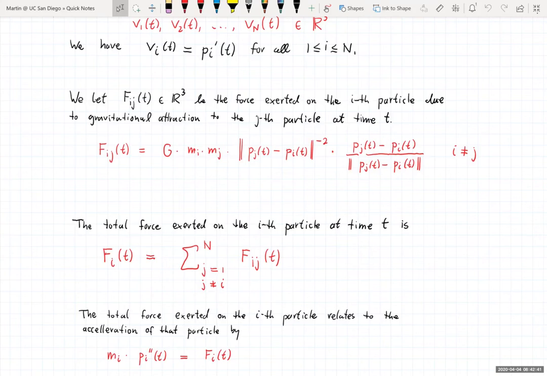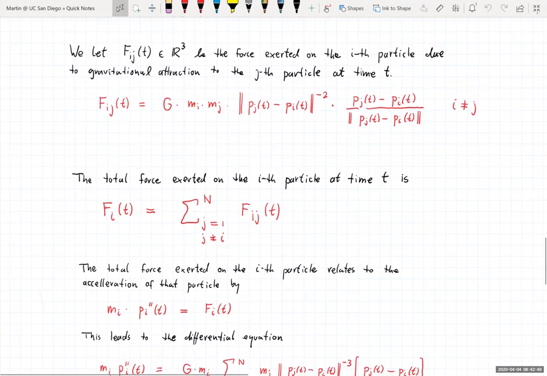In other words, the total force exerted on the particle i is the mass times its acceleration.